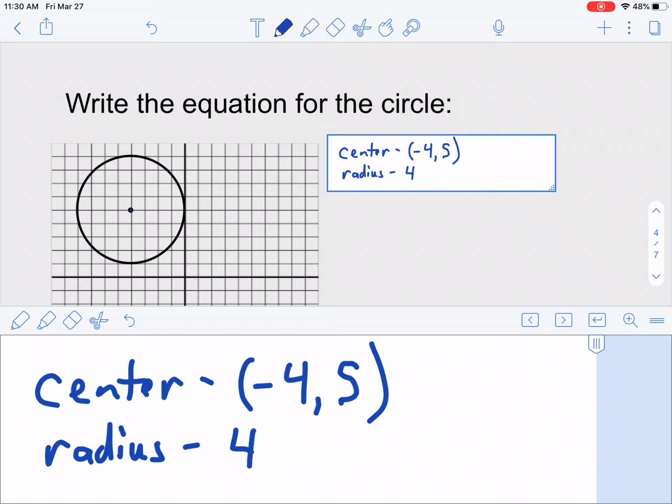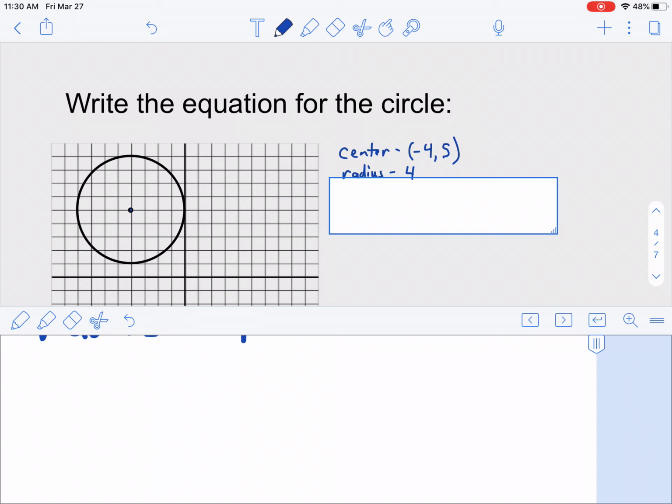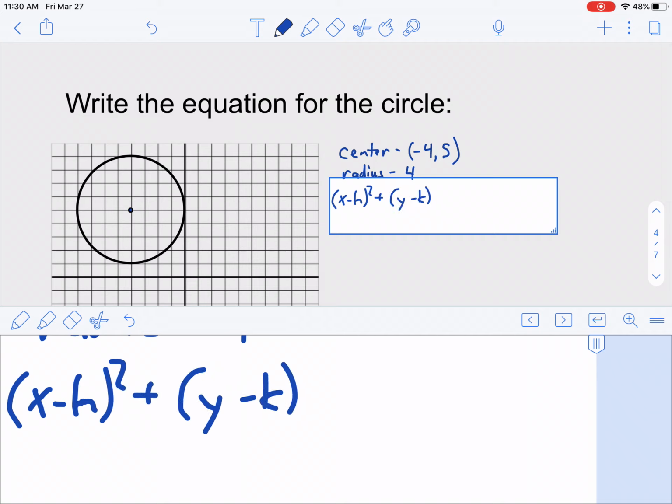And my radius looks like it is 1, 2, 3, 4. My radius is 4. And so now using my equation of a circle, remember, is x minus h squared plus y minus k squared is equal to r squared.